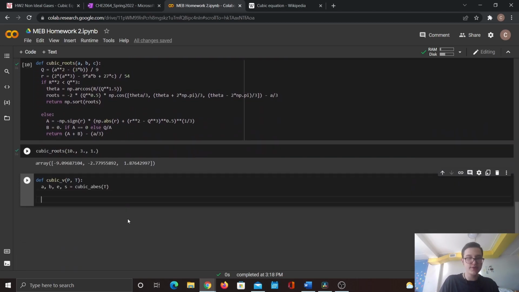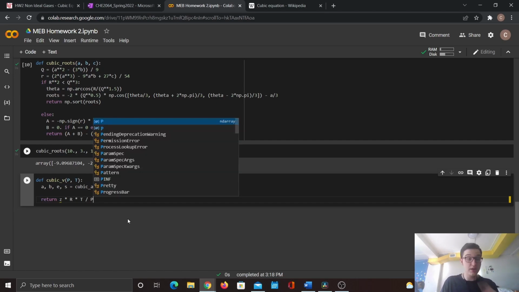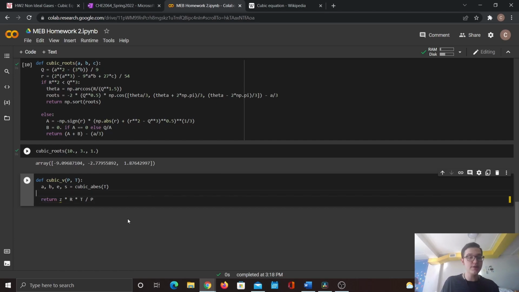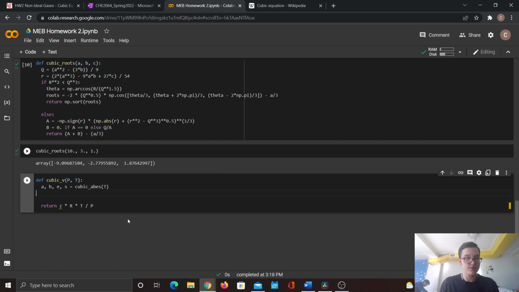Next, we want to return, because remember, if I have my sheet of equations here, v is equal to z times r times t, divided by pressure. So we have that. So that is our volume values. Now we need to find z.